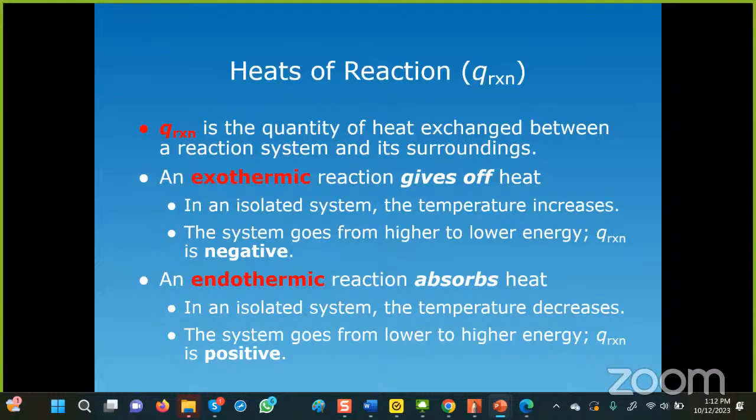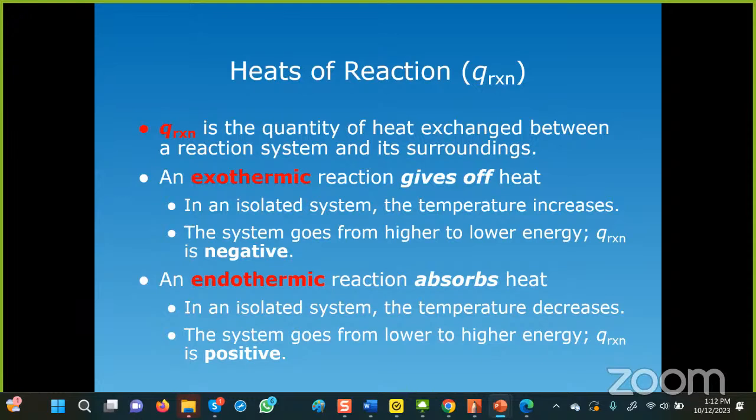On the other hand, if the reaction is endothermic, then the reaction will absorb heat, and therefore the opposite of what we said about exothermic will be true. In other words, in an isolated system, the temperature would decrease, and the system will move from a lower to a higher energy state, right? In other words, Q reaction will be positive.